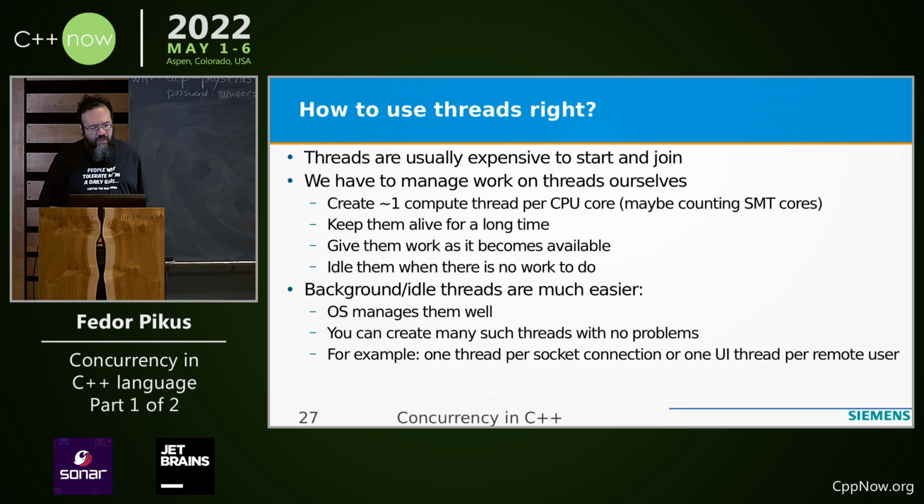So how do we use the threads correctly then? Since threads are expensive to start and join, we have to start a small number of threads. You can start one per CPU, maybe you can manage two per CPU, but not a lot more than that. And then you have to manage your own work on those threads.